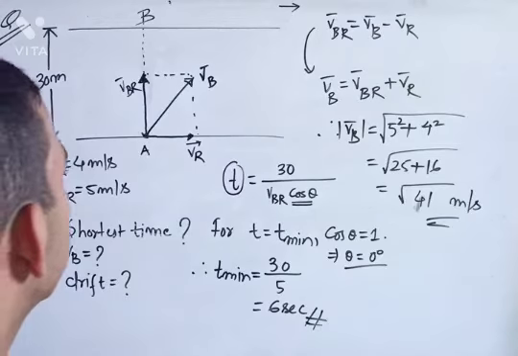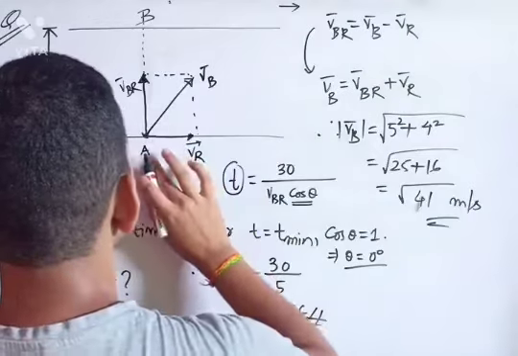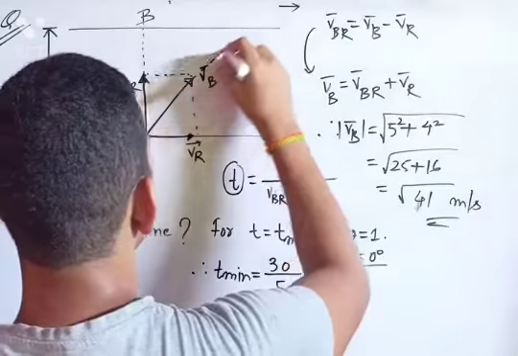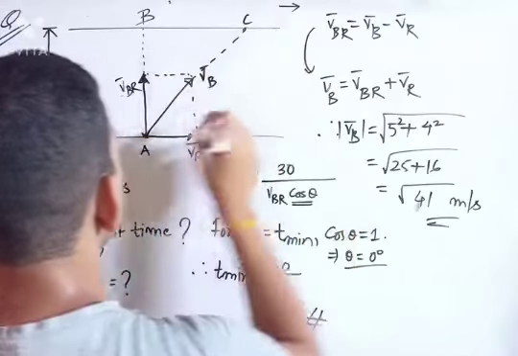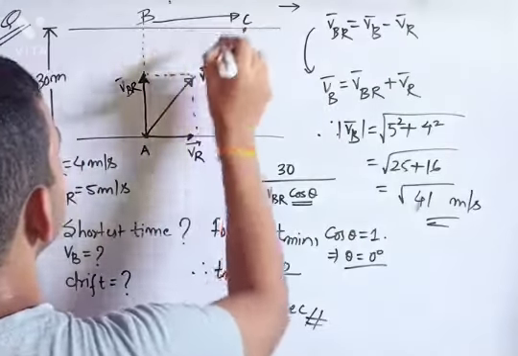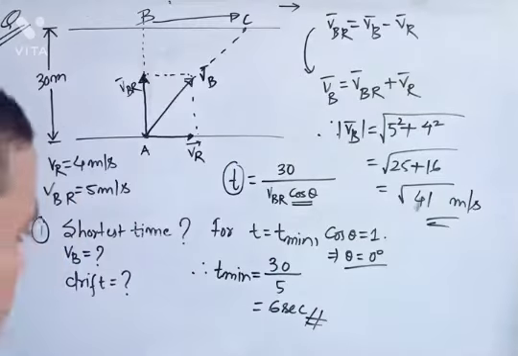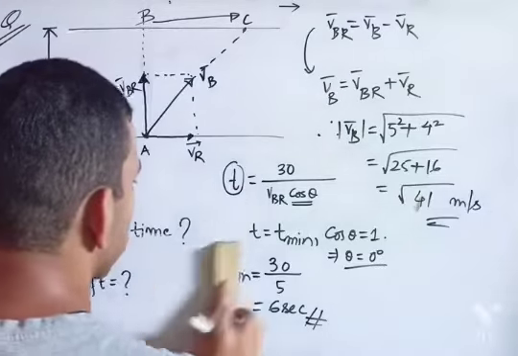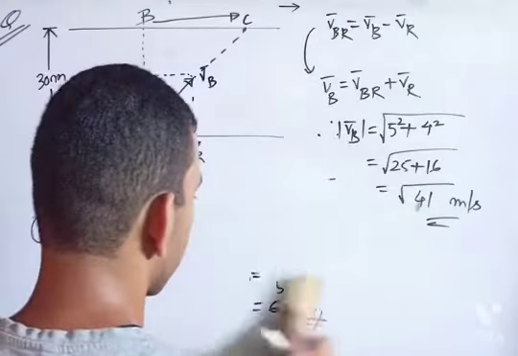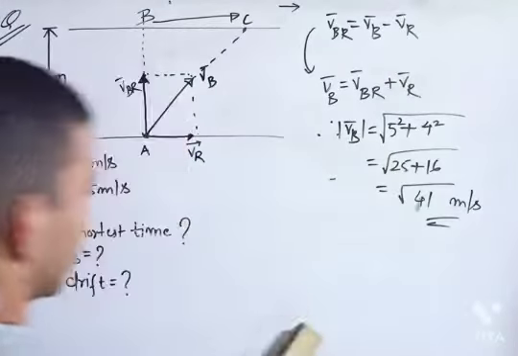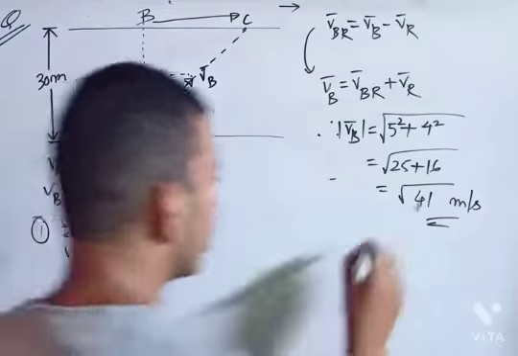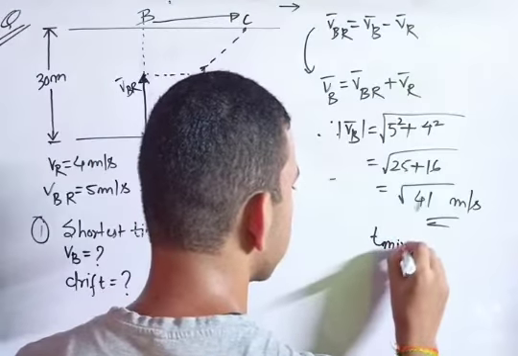Now we have to find the drift. Here the boat will reach from position A to position C. Here BC represents the drift. We have to find BC. For this, let me write these expressions. Here we have got t minimum as 6 seconds.